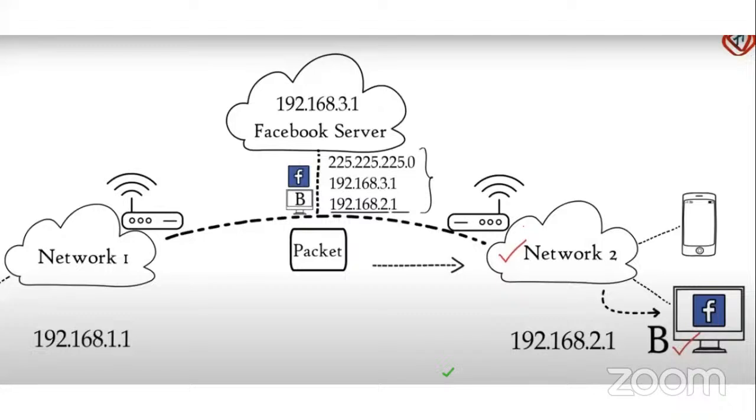If it is requested by network 2, then 192.168.2.1 will be added. So it will come to network 2, and network 2 will decide which system has requested. What is the last number? Is it 1? Then it will go to system 1. Is it 2? It will go to system 2. Like that, 256 will be there. 256 systems you can connect to a network.